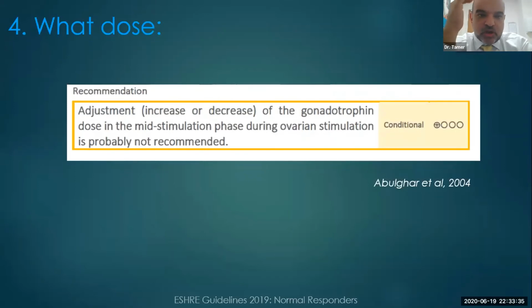So you may as well come up with a nice plan for your treatment, a decent dose proportionate to what you think is the ovarian response of this lady, and stick with it, because if you step up at one point and step down at another, it doesn't really make a difference.